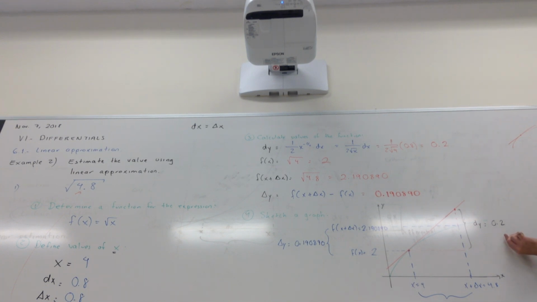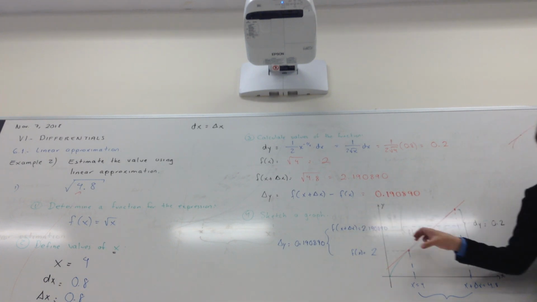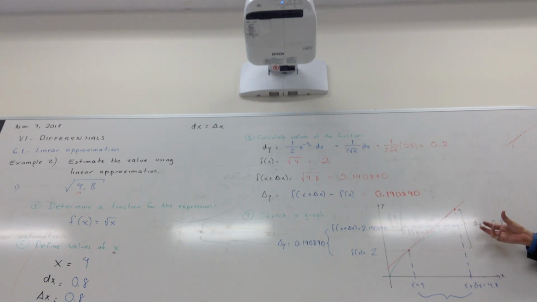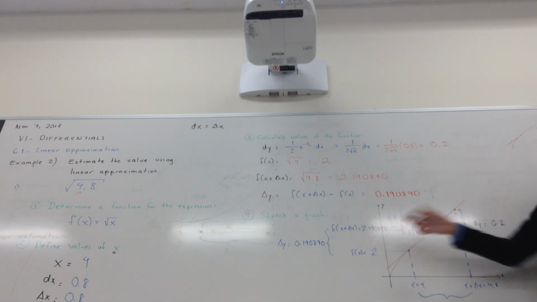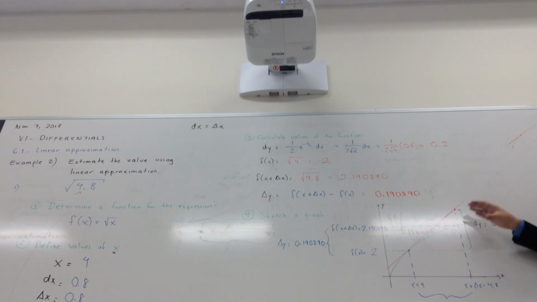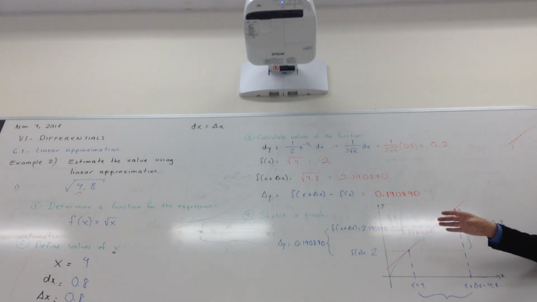Okay? Do you get that? Yes. What does that represent? This is my estimated change, and this is my real change. Which one is bigger? In this case, it's dy, because it's 0.2, so we're fine. And the real one is 0.1908. So it's an estimation. The estimation is bigger than the real one.